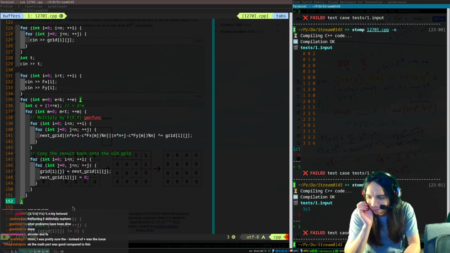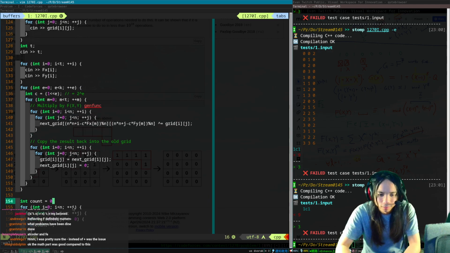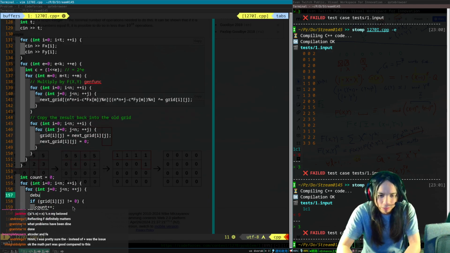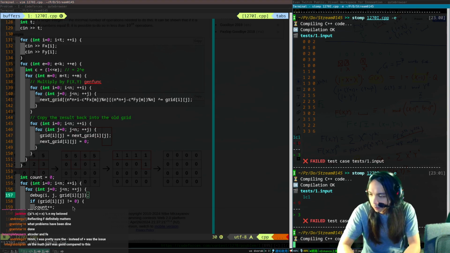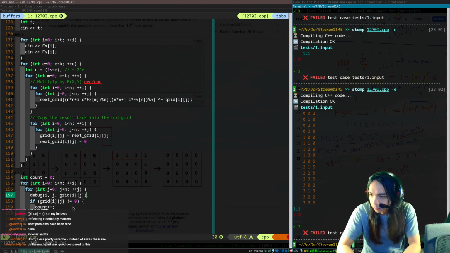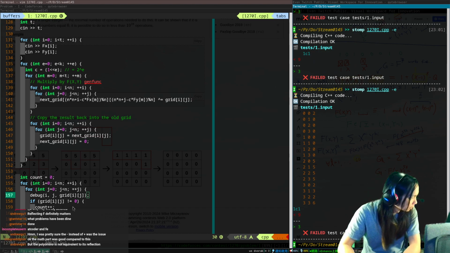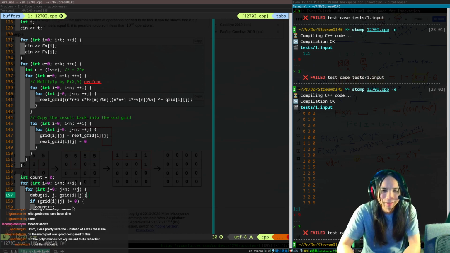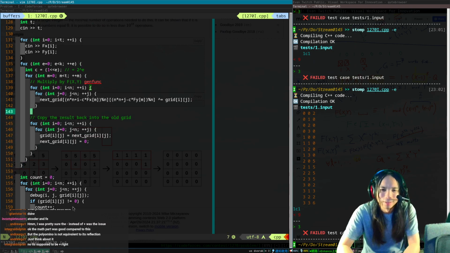I don't see why that should make a difference. Because... Oh! Okay, that's a good point. Okay, yeah, it's not equivalent to reflection. Okay, fine.